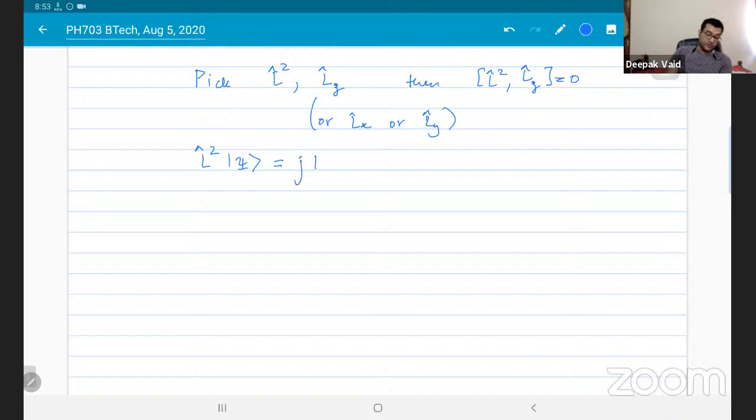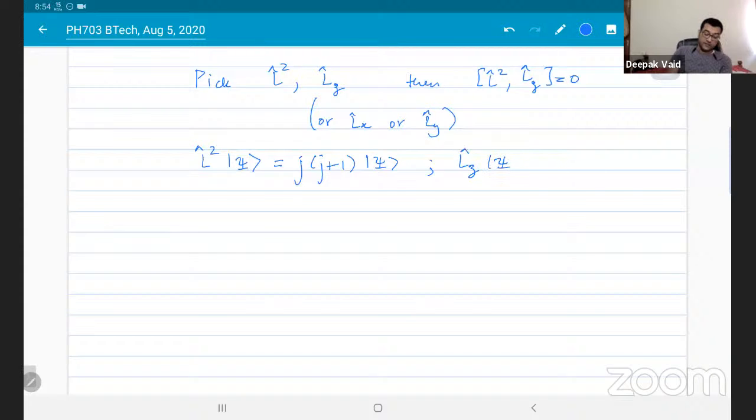We normally use the letter J to denote the eigenvalue. So we have a state with total angular momentum. This will turn out to be equal to J times J plus 1. We will see why later on.